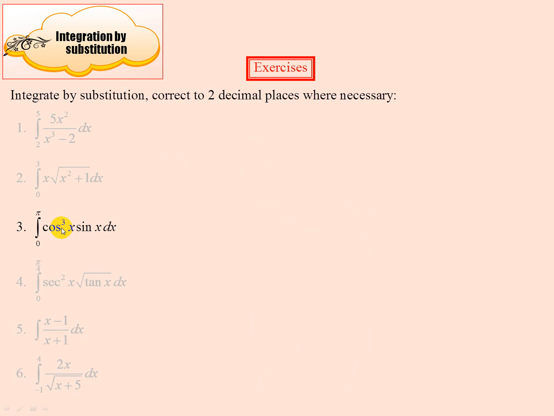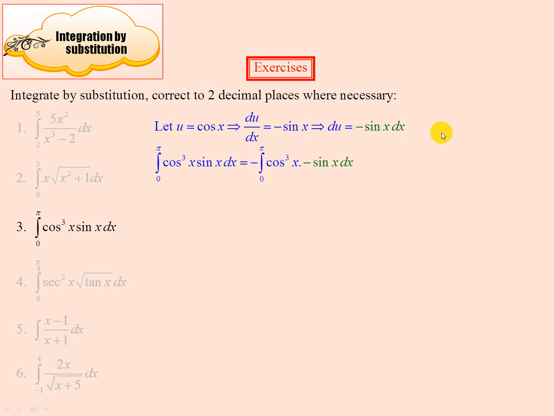Yes, sine, the derivative of cos. So substitution, u equals cos. We have it in the form where we have minus sine x dx, so therefore there's a negative there. Now we have to deal with the 0 and the pi. u equals cos of x, so therefore we need cos of 0, cos of pi.